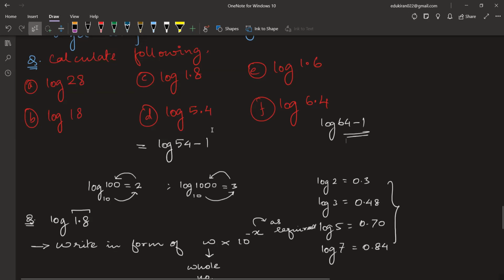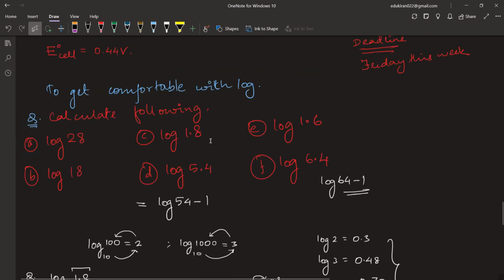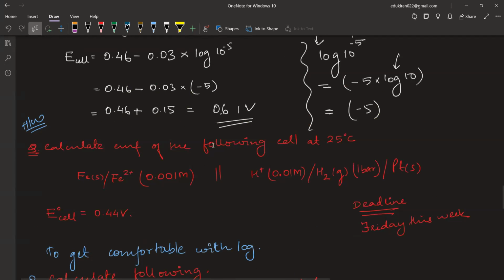So where did we end last time? Calculate the EMF. Did you do this question? Sir, it is a homework question. Yes, homework question only. Sarah, did you do this one? You did? Okay. What was the answer?